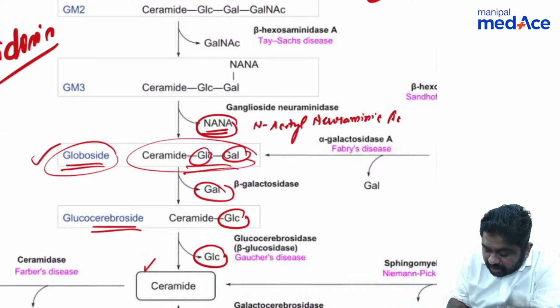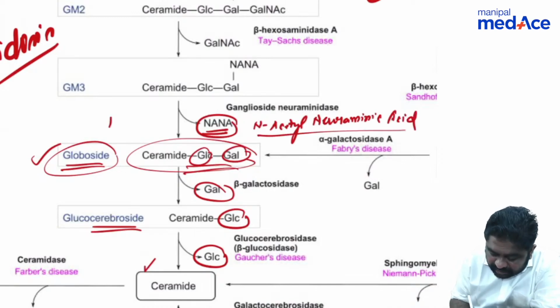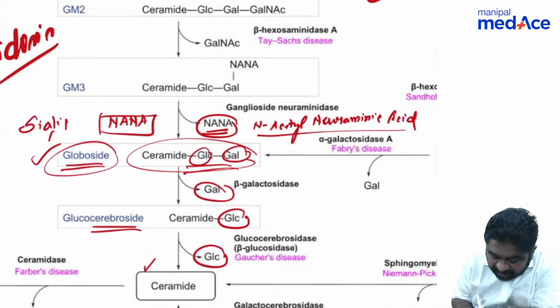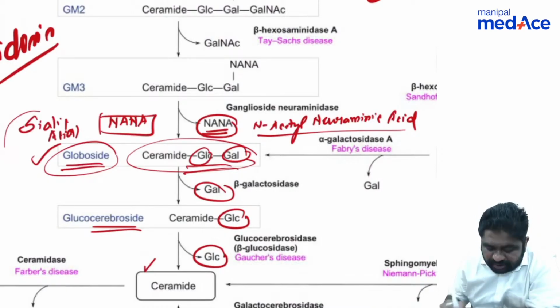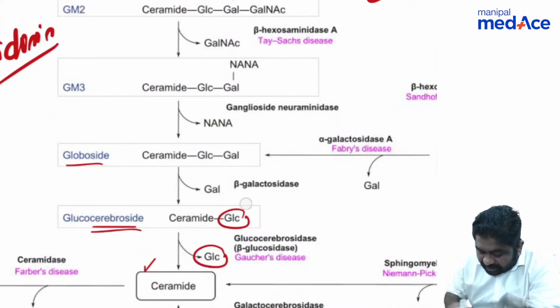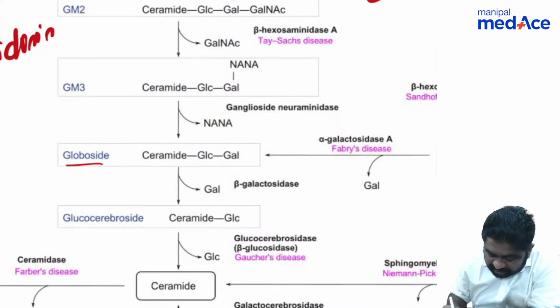N-acetylneuraminic acid, it is NANA. This is also referred to as sialic acid. Now to the globoside, if I add one NANA, that becomes ganglioside. So I'll erase this. We'll make it very simple again.